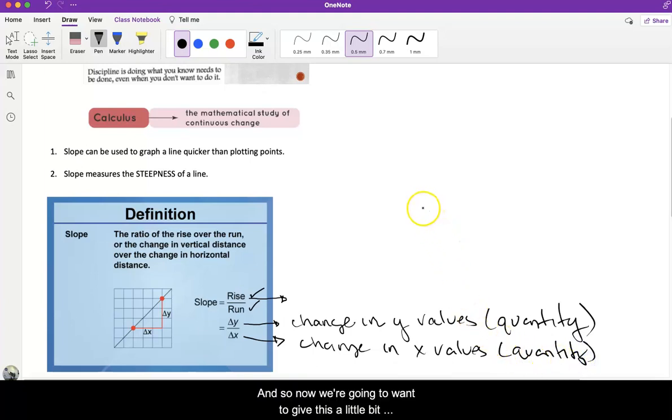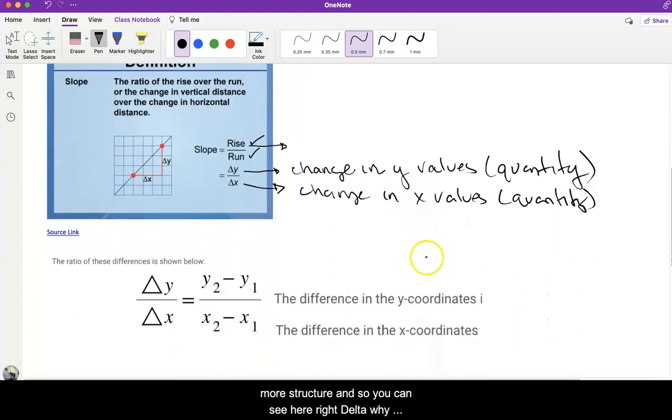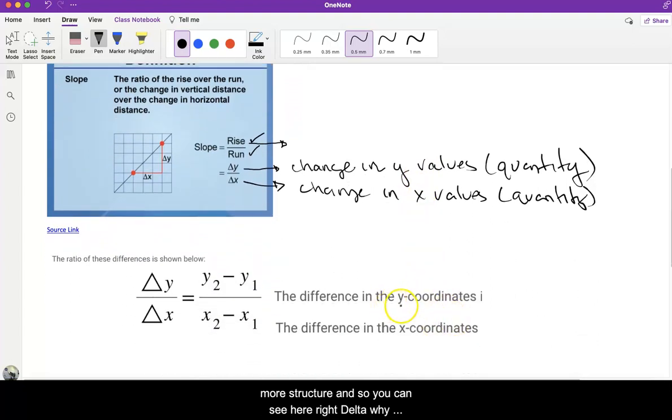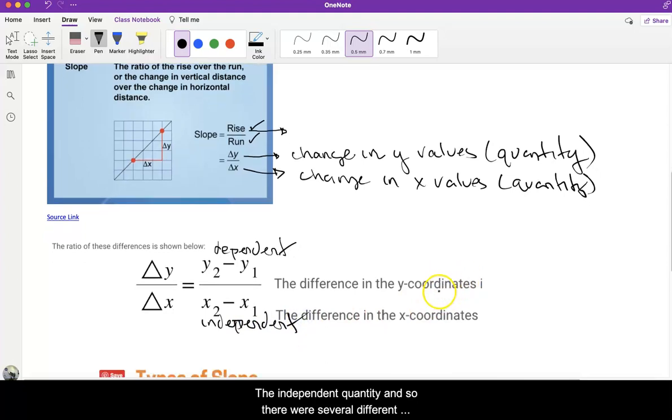And so now we're going to want to give this a little bit more structure. You could see here, delta y is the change in the y coordinates, delta x is the change in the x coordinates. However, you want to start referring to the dependent quantity versus the independent quantity.